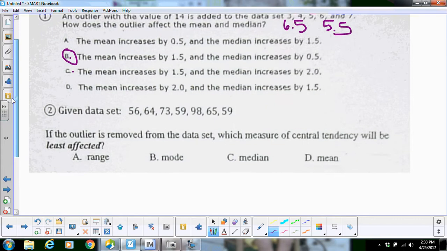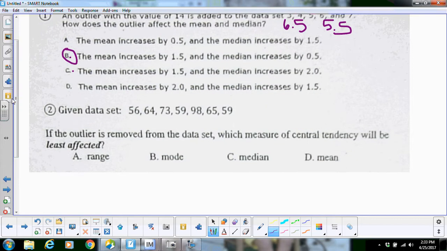All right, problem number 2. Given the data set, if the outlier is removed from the data set, which measure of central tendency will be least affected? Okay, so the first thing I'm going to do is type all of these into my L1.